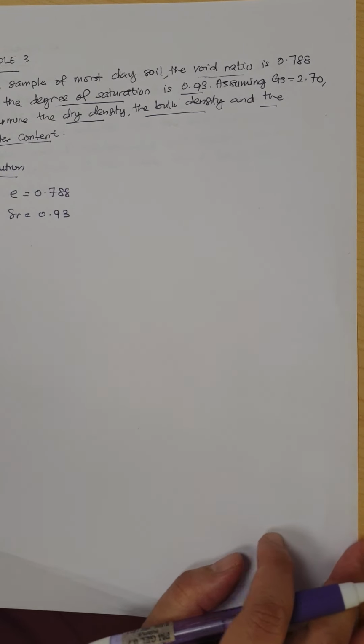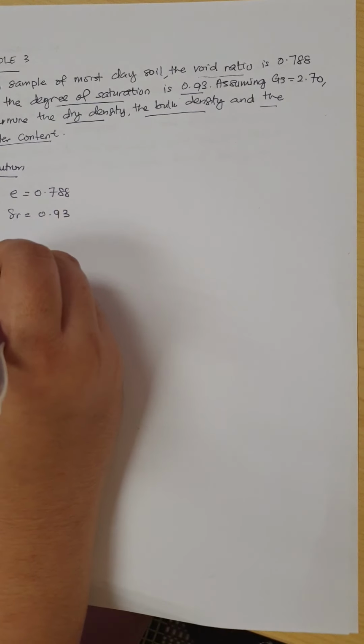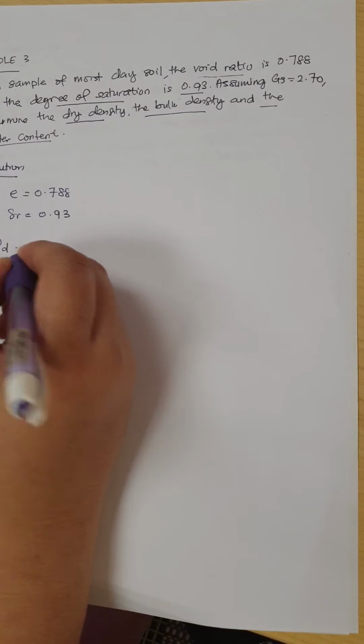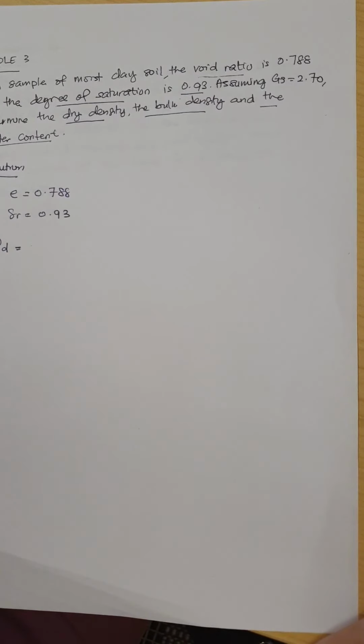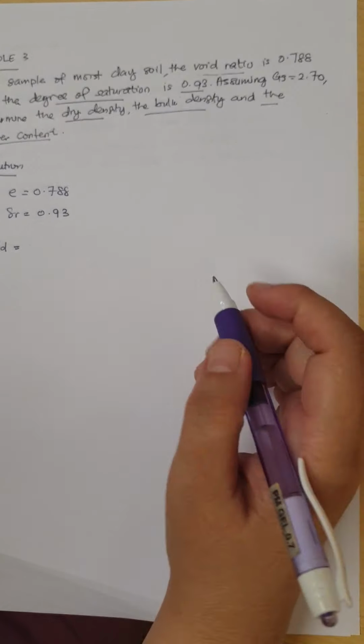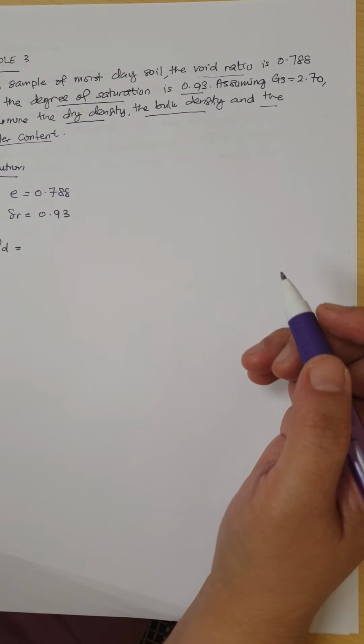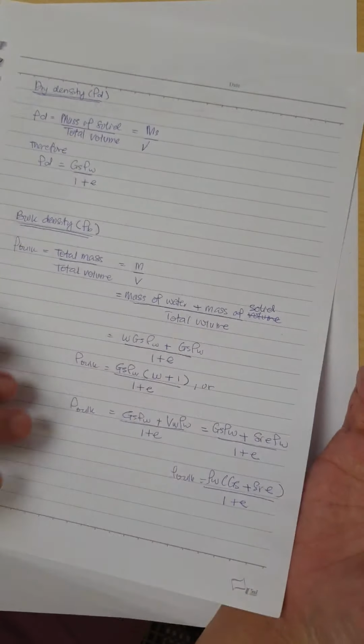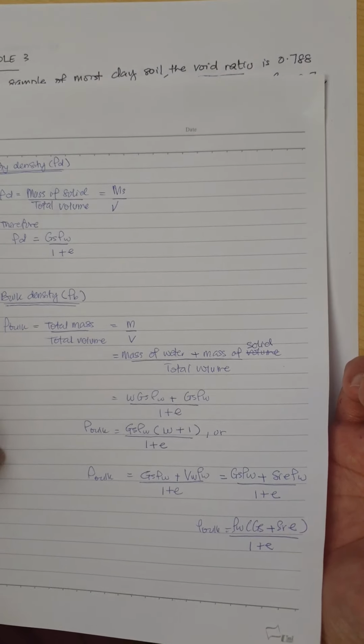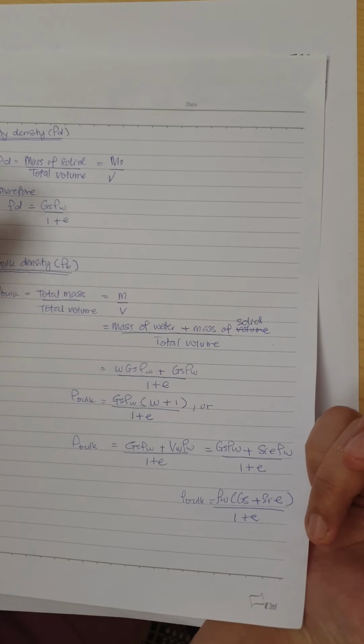The question asks for dry density. So right now, with limited data, we cannot answer this one. Of course, you need to bring your equation first. So this is my short notes on dry density.